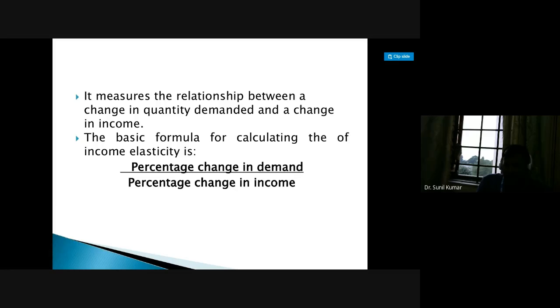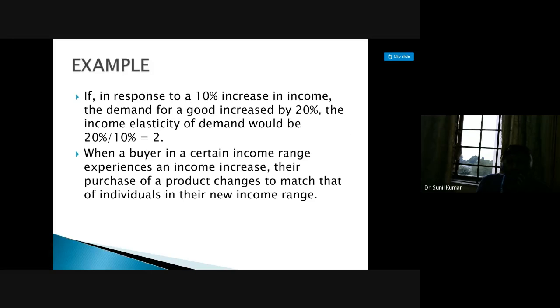If there is no income, then no growth will take place. They have given some example. If in response to a 10% increase in income, the demand for a good increases by 20%, the income elasticity of demand would be 20% divided by 10%, that will be 2. The 0 and 100 will be cancelled, then it will be 2.